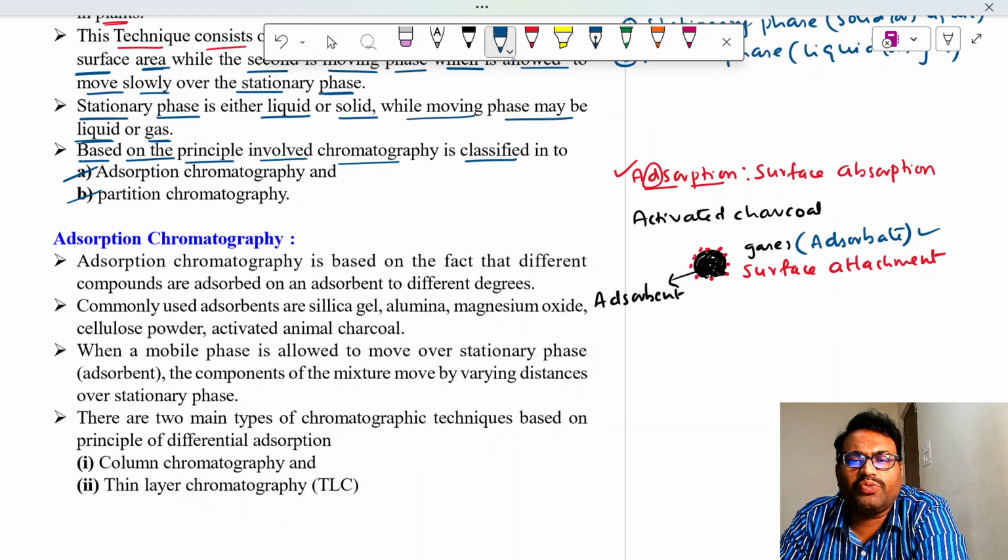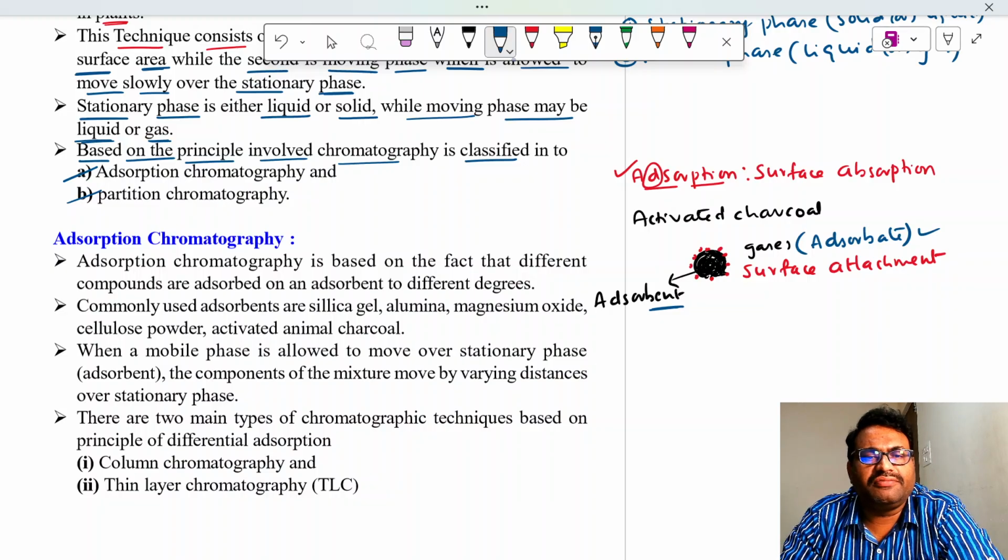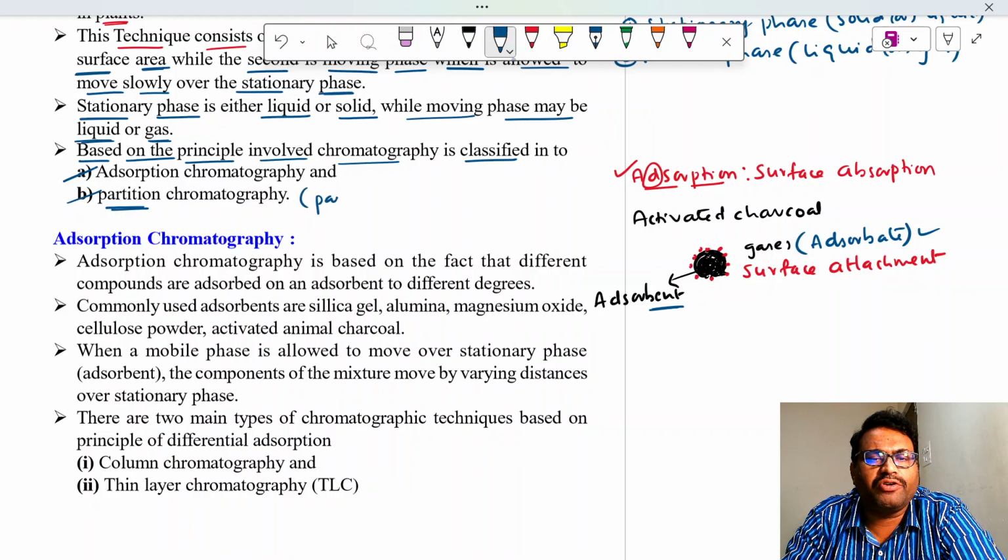The substance which adsorbs other substances is called an adsorbent. So surface attachment is called adsorption. Based on adsorption, we call such chromatography adsorption chromatography. And partition chromatography, in our syllabus we have only one, called paper chromatography.